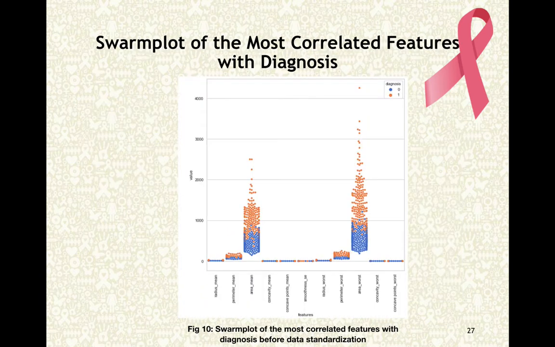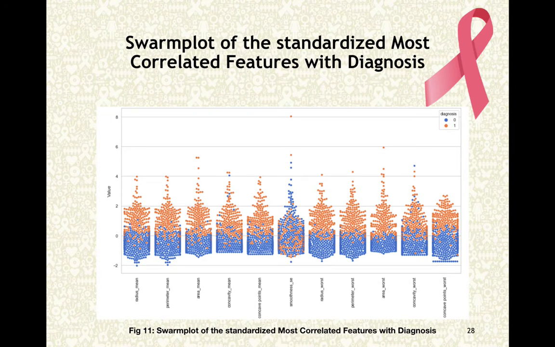We're showing a swarm plot here of the most correlated features with diagnosis before data standardization, which doesn't give us really helpful insights. After that, we decided to standardize the data to see the swarm plot of the standardized most correlated features, and this is much more helpful.